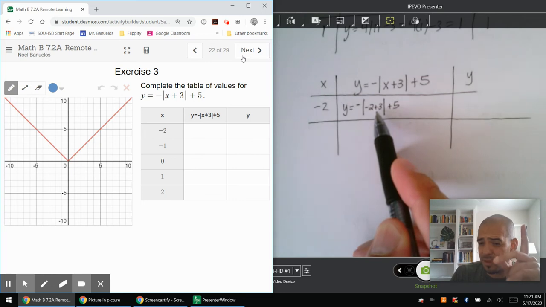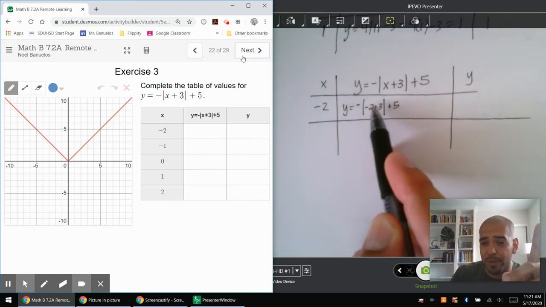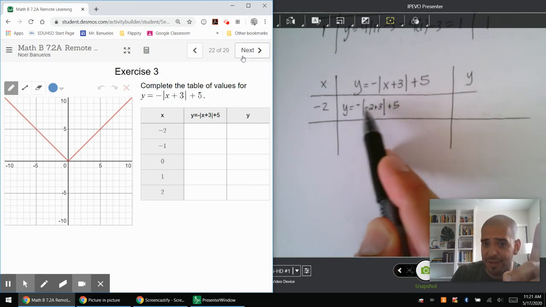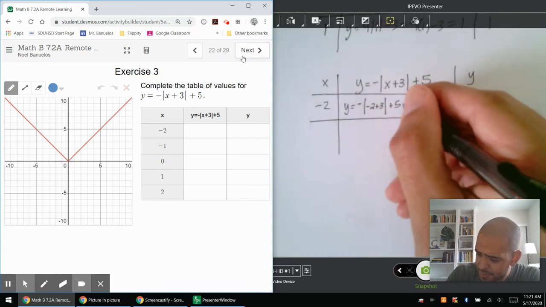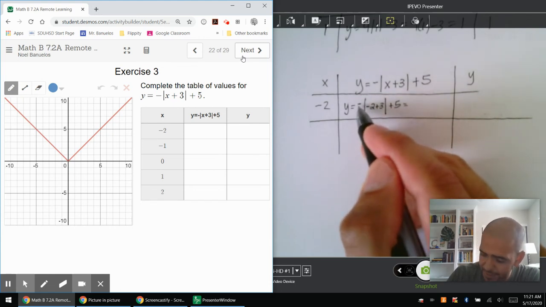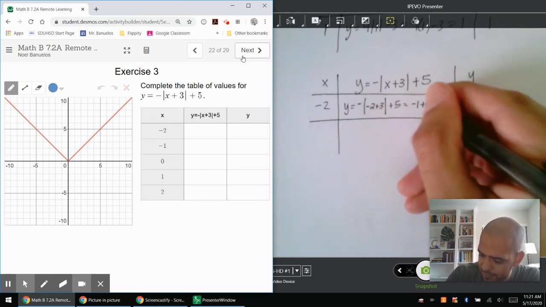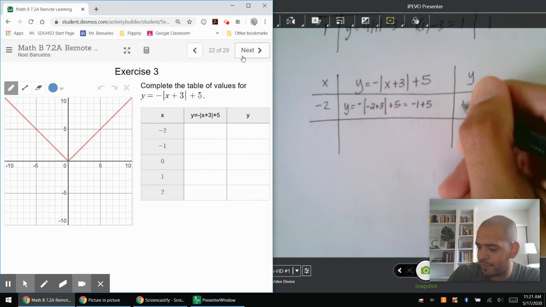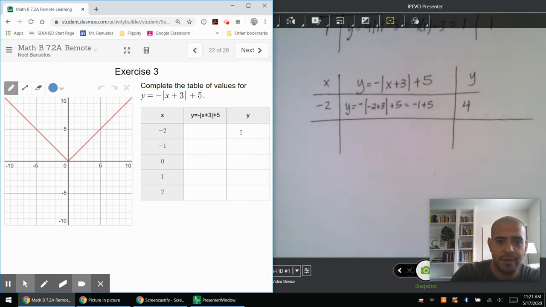What's the absolute value of 1? 1. But you got to multiply this by the negative on the outside. So you have the absolute value of 1, which is 1, then multiplied by the negative, which is negative 1, plus 5. So negative 1 plus 5 is 4. Now remember, don't get confused like me. I should not expect to see this dot on the red line.